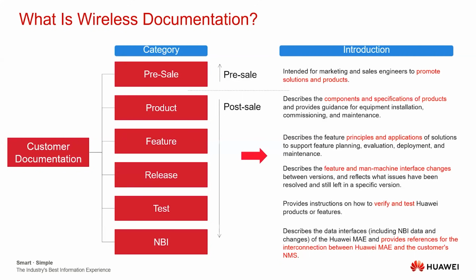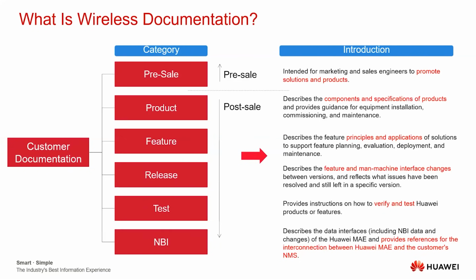It is used for the integration of the Huawei EMS, that means MAE now, to customers' NMS system. So if the customer wants to do the integration from Huawei's EMS system to the NMS system, then the NBI document is a must.